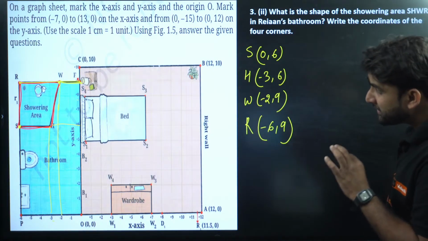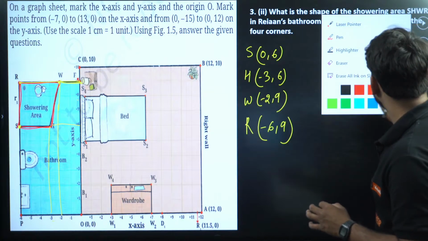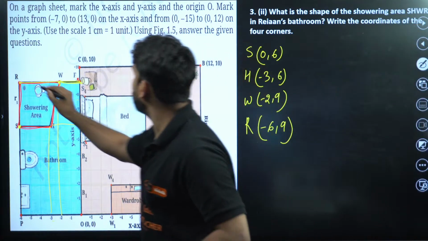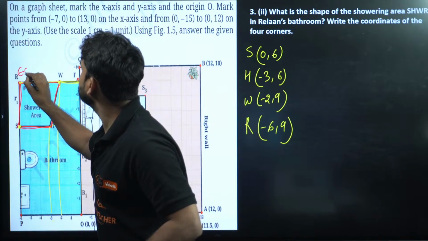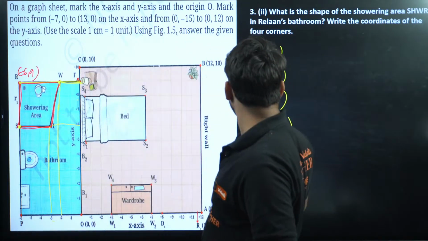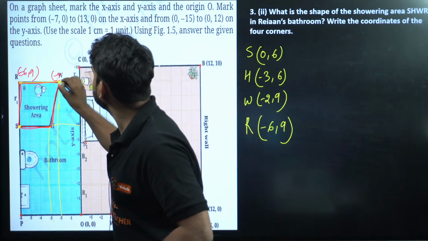Now you can see here, let me use red color. R has -6, 9. W has coordinate -2, 9.